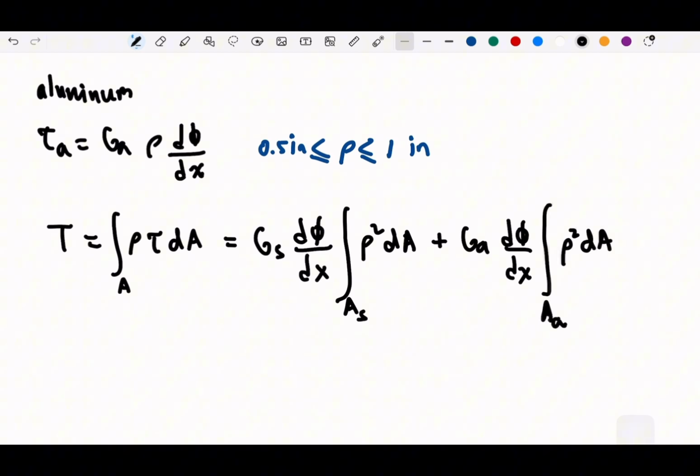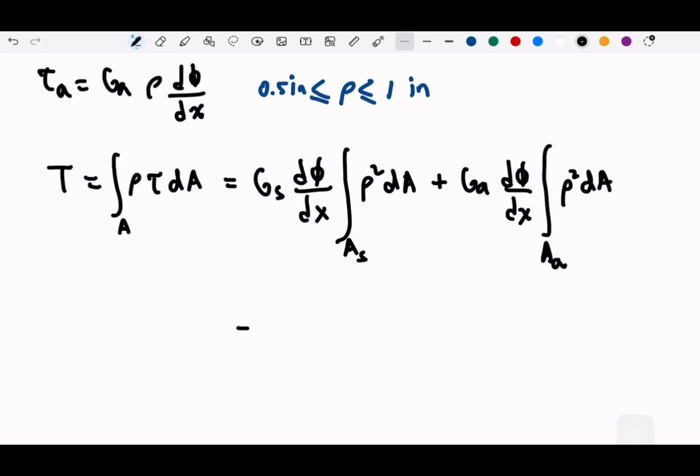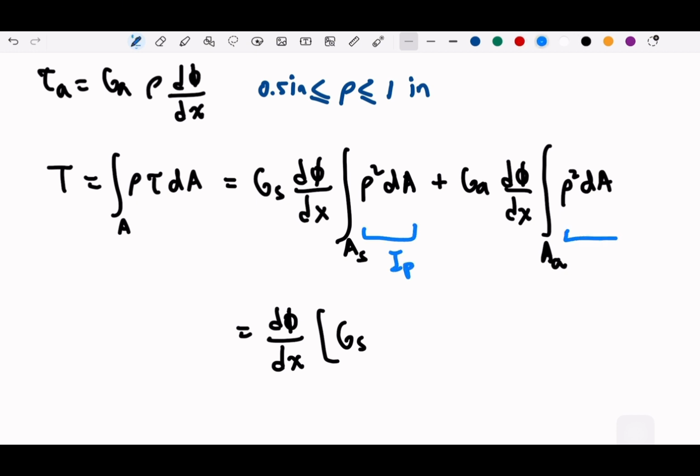Or we can simply write, because they have the same twist rate, this will be the inertia, and this is also inertia but of a different element. So G_S I_PS, the polar moment for steel, plus the polar moment for aluminum.